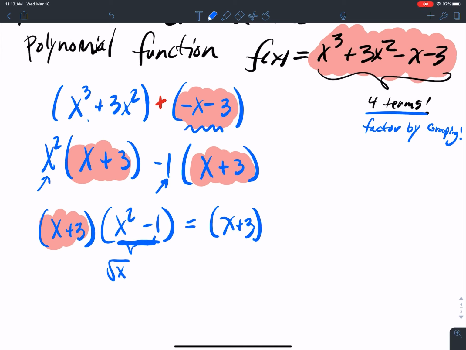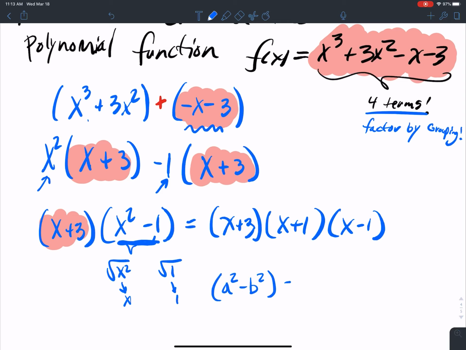I square root both pieces and see what I get. I get 1 and I get x. So that gives me x plus 1, x minus 1 for my difference of squares. Remember our formula? a squared minus b squared is a minus b, a plus b, or vice versa. It doesn't matter. Multiplication is commutative.